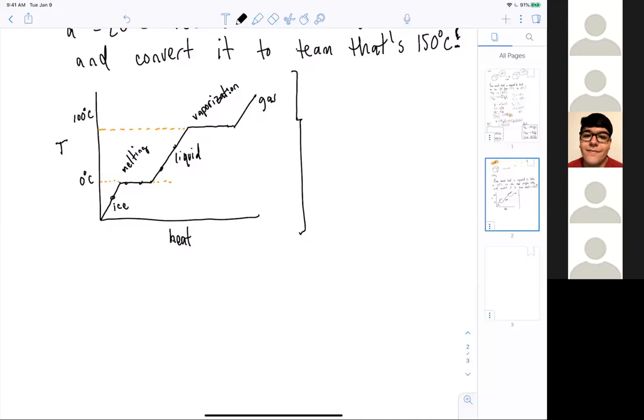So as I go, we started out at minus 20 degrees Celsius. Here I'm just a solid, and I heat it, and now I'm at 0 degrees Celsius. Really what I have here is solid, but I also have liquid in equilibrium with one another.